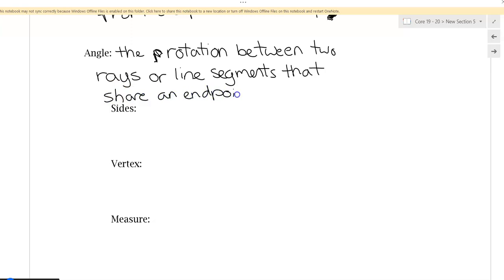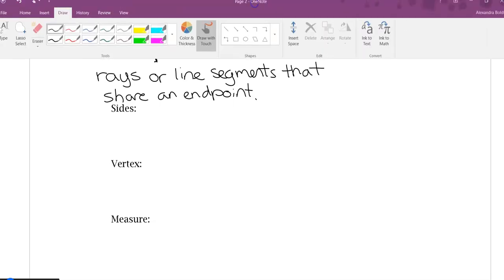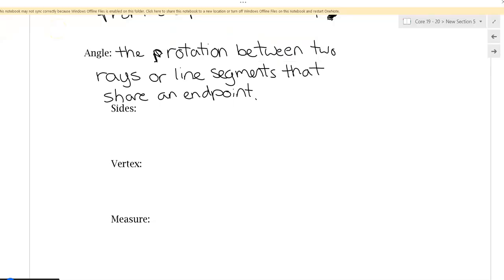For the most part, we will use line segments because we're going to be looking at angles inside shapes. Okay, so we're not really going to use rays that often. Okay, the rotation between two rays or line segments that share an endpoint.